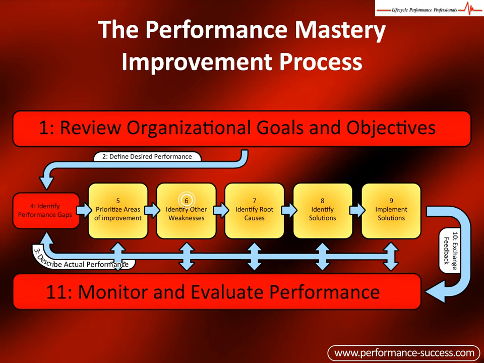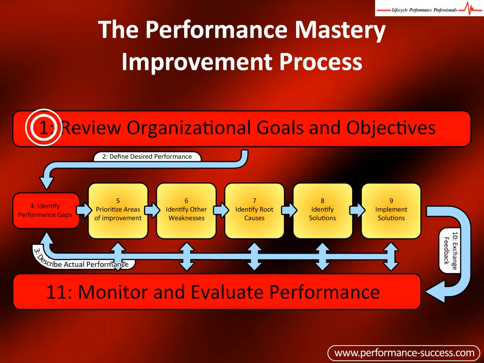Identify other weaknesses. Step 7. Identify root causes. Step 8. Identify solutions. Step 9. Implement solutions. Step 10. Exchange feedback. And step 11. Monitor and evaluate performance. Now let's take a look at each of these steps a little more closely.